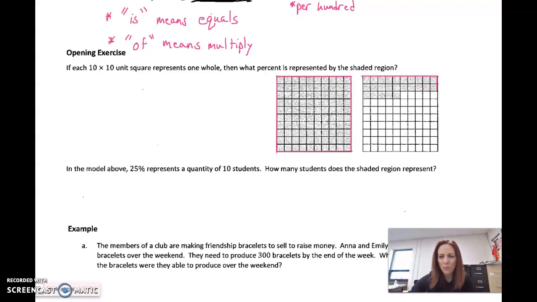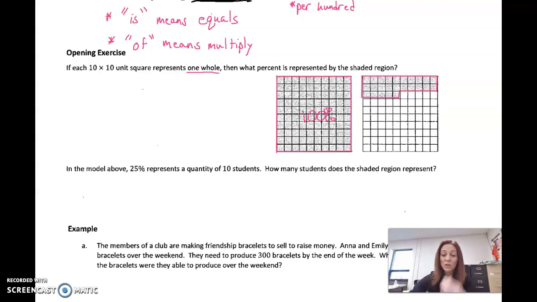Now let's think about what we know. If I were to say what percent represents this whole square here, this 10 by 10 unit square represents one whole. What percent of that square do we have? Hopefully you would say 100%. The whole thing is filled in, it's 100%.